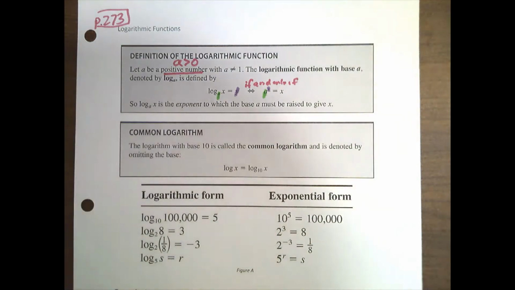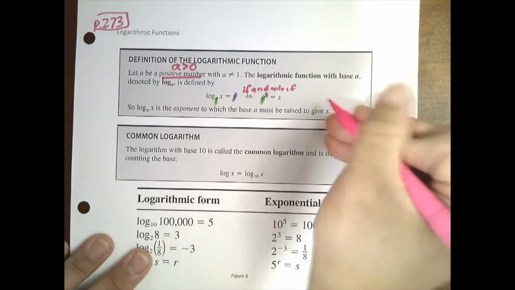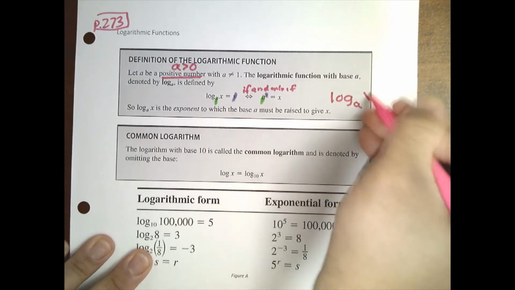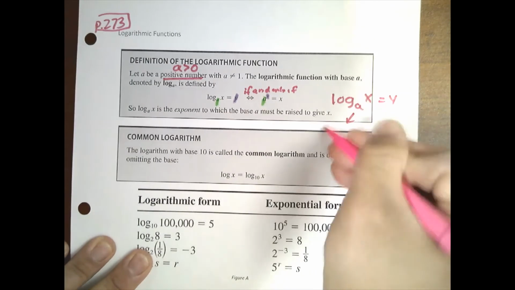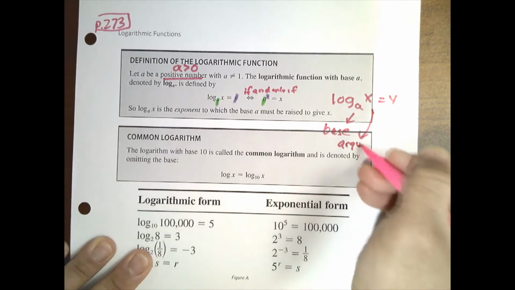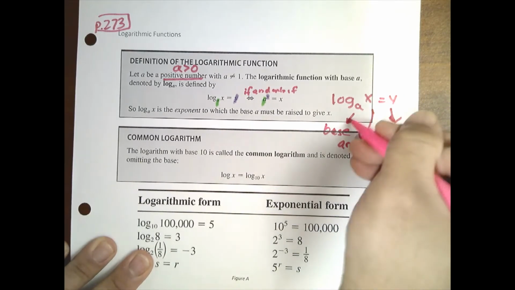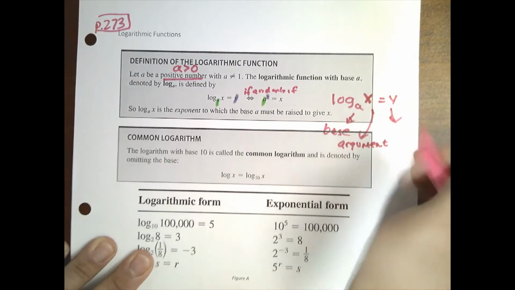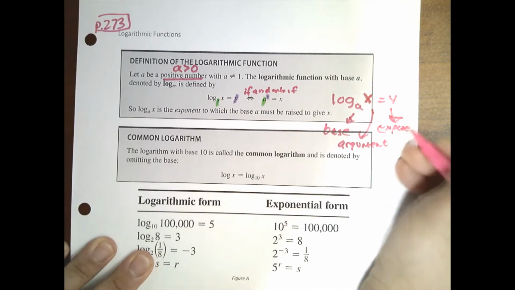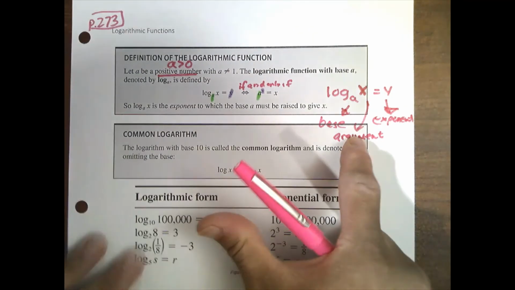This x value is what I usually call the argument. So if I have log base a of x equals y, this is the base, this is the argument, and this is the exponent that the base is raised to get this value of the argument.